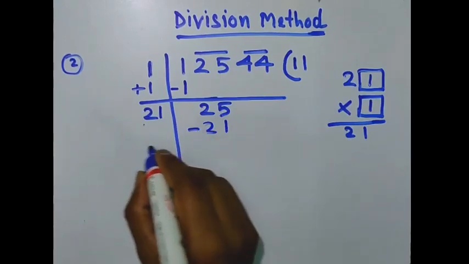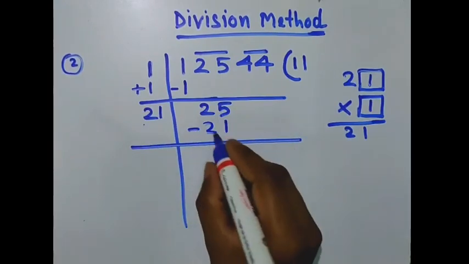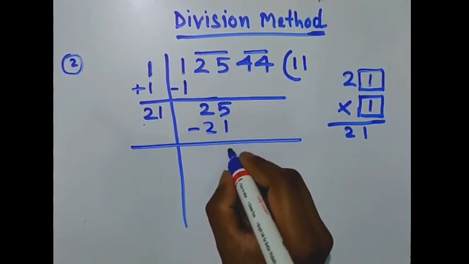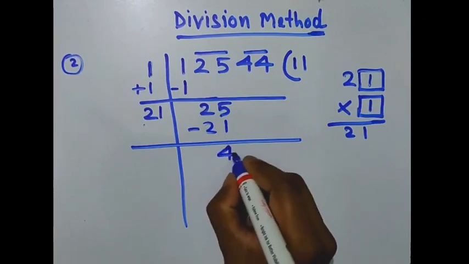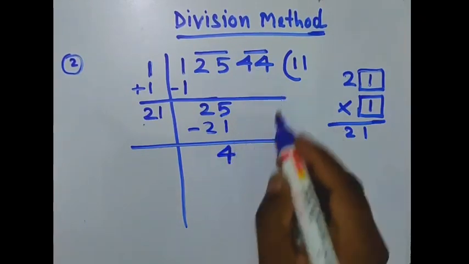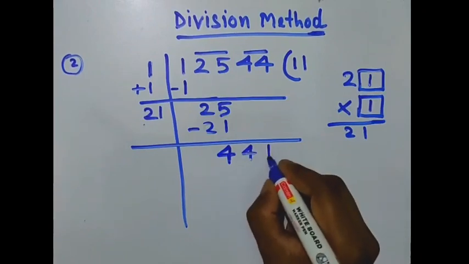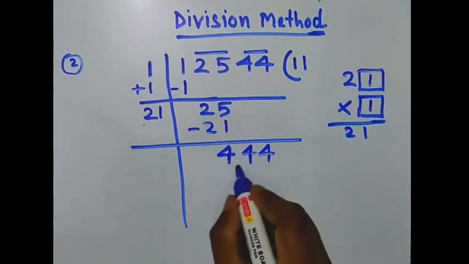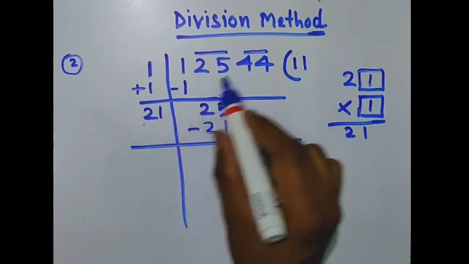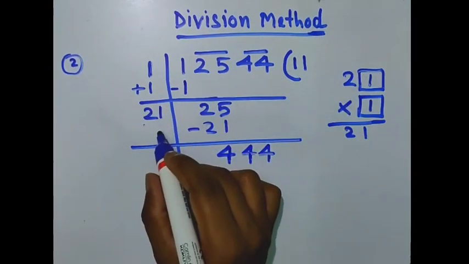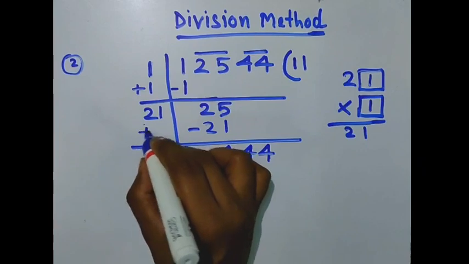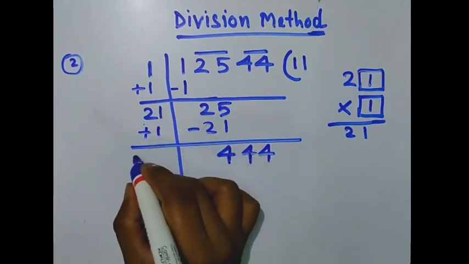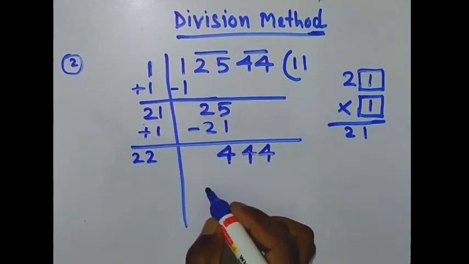Now we'll subtract this, and what will we get? 5 minus 1, that is 4. Now we'll carry down the next pair, that is 44, right? Now we'll try to divide this number, but before that, whatever you have multiplied on top, you have to add below. So plus 1. So this number will become 22.